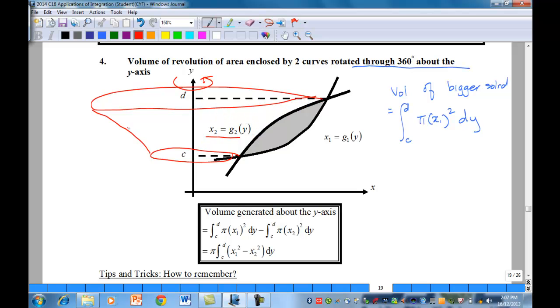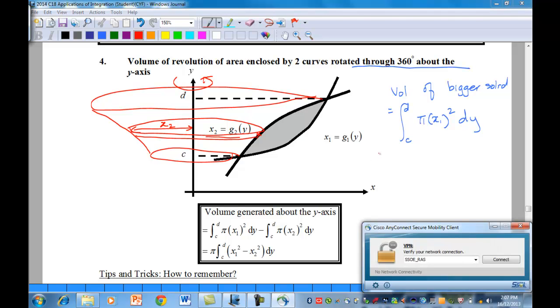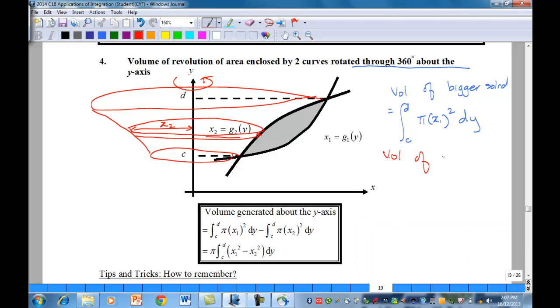We know from the previous lecture that we can consider it as a sum of horizontal circular discs like that, with the radius as the magnitude of x2, the x coordinate of each point. So the volume of the smaller inner solid will be the integration from c to d of pi r squared, where the radius is x2, dy.